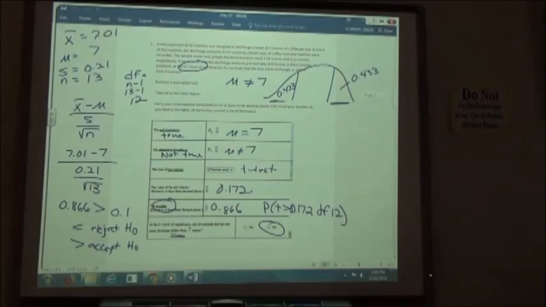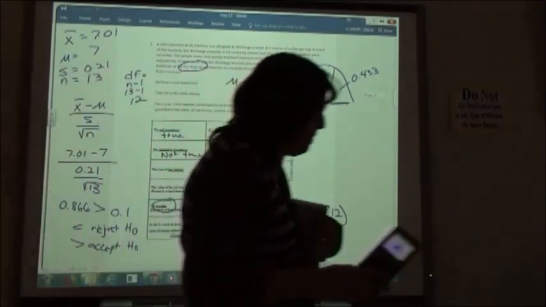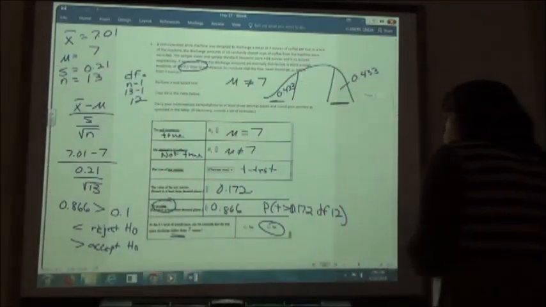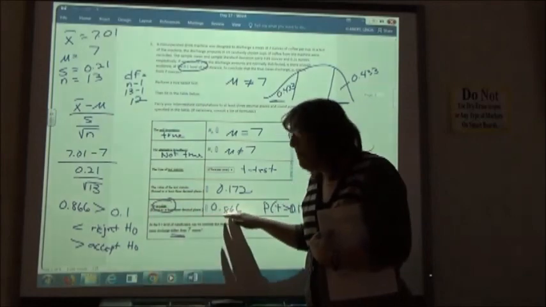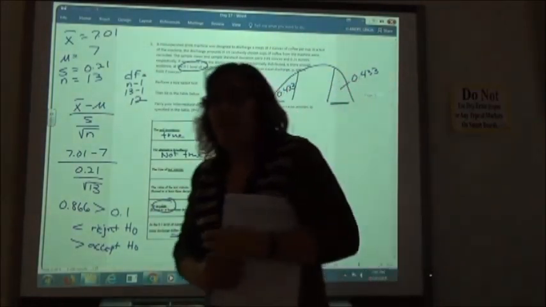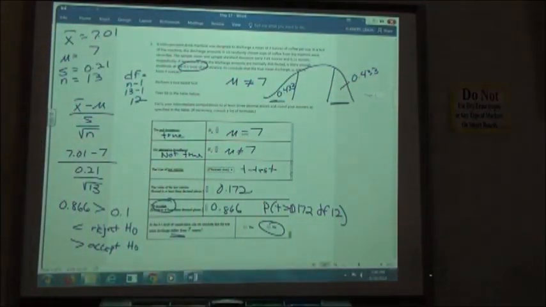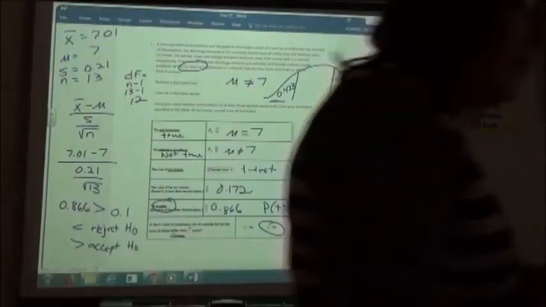But I think the grader does let you get a little bit off on the rounding because of some people using technology instead of the formula. So it gives you pretty close to those numbers, right? Now, if you do the critical value, you don't see that, but you do see the p-value if you're doing the p-test. All right. That is the t-test.